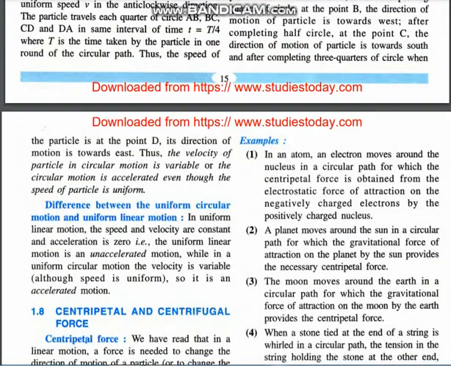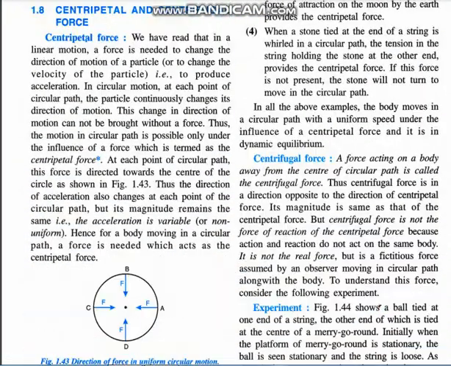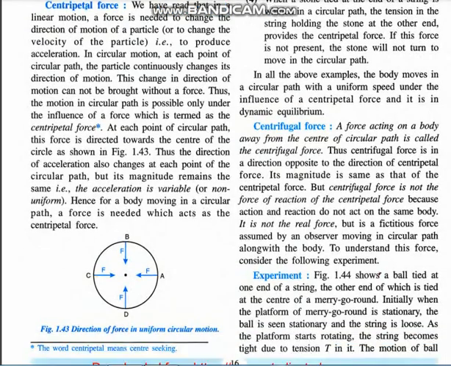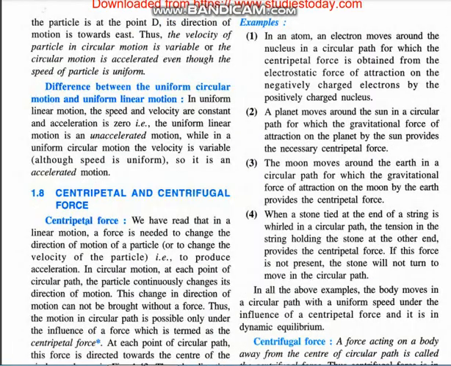And then we'll go down, to the next page. Here you have to remember the difference between uniform circular motion and uniform linear motion. Highlighted: in uniform linear motion, the speed and velocity are constant and acceleration is 0.